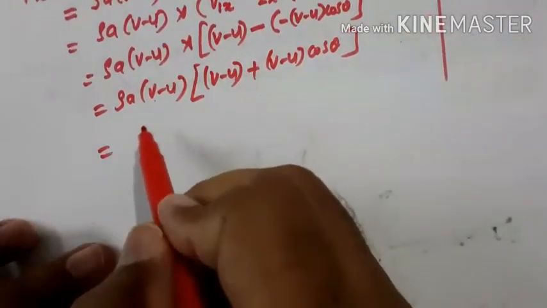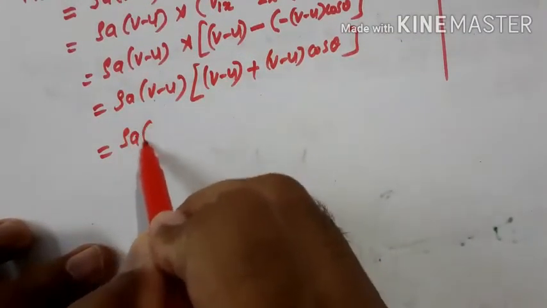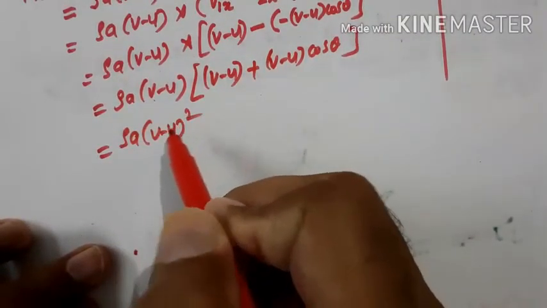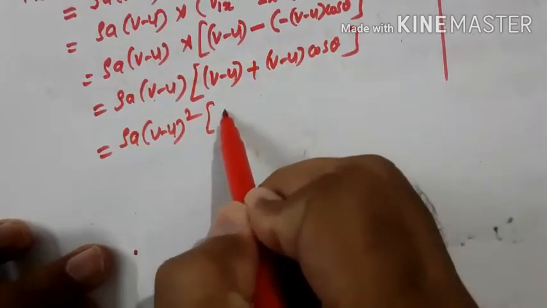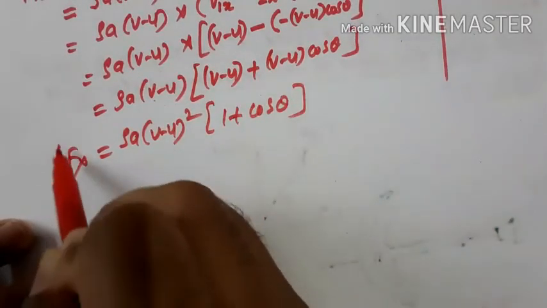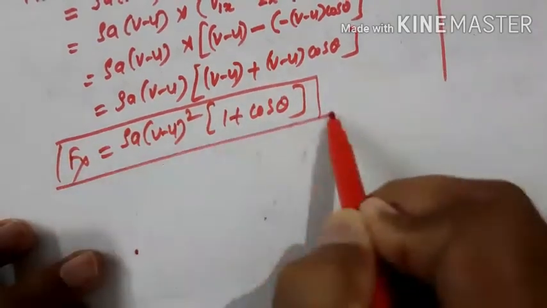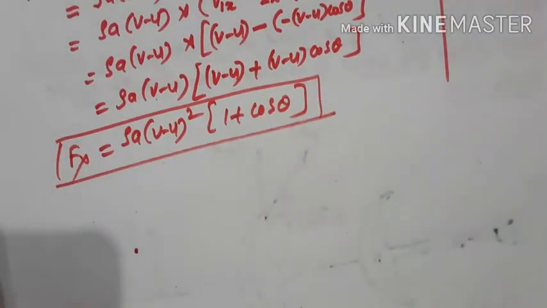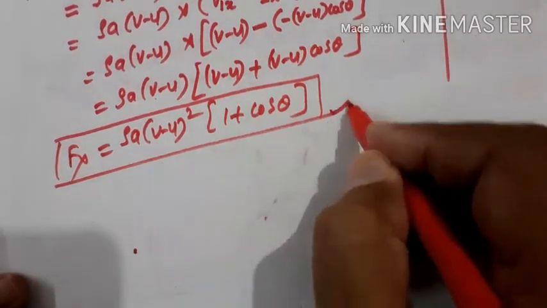Take (v minus u) out, into bracket 1 plus cos theta. This is the force in x direction. Okay, so we want force in x direction only.